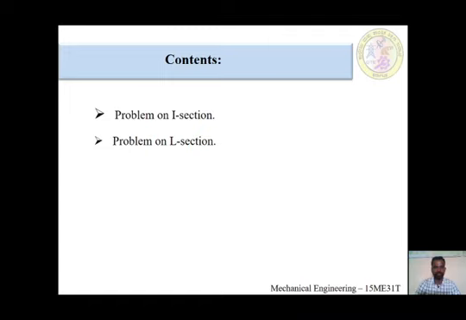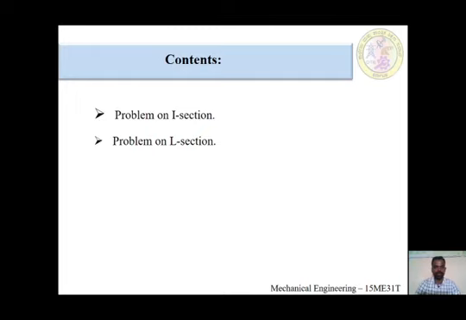In the previous session we solved one T section problem step by step. Firstly, we split it into simple components. After that, we individually solved the moment of inertia. After finding each individual moment of inertia, we put those values in the parallel axis theorem.